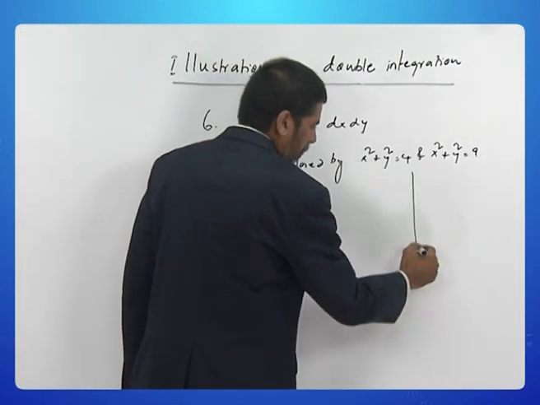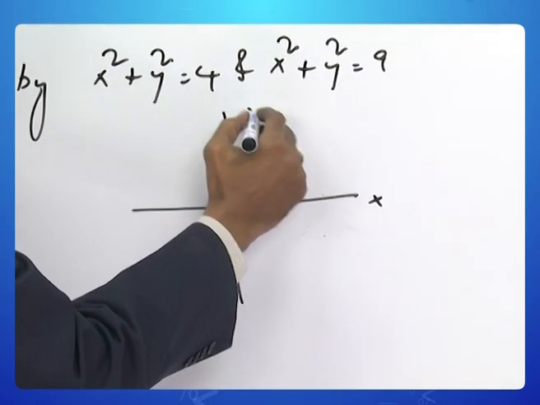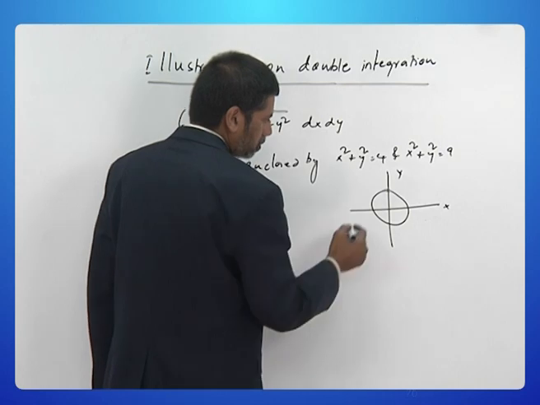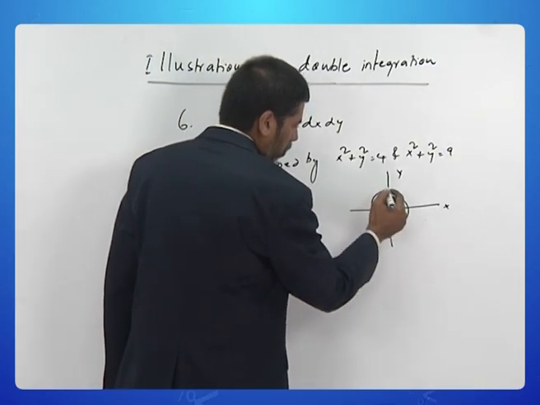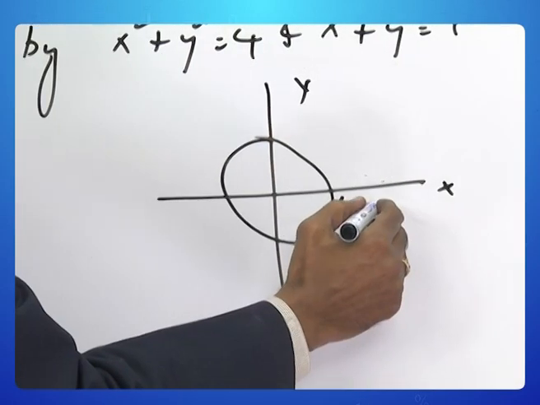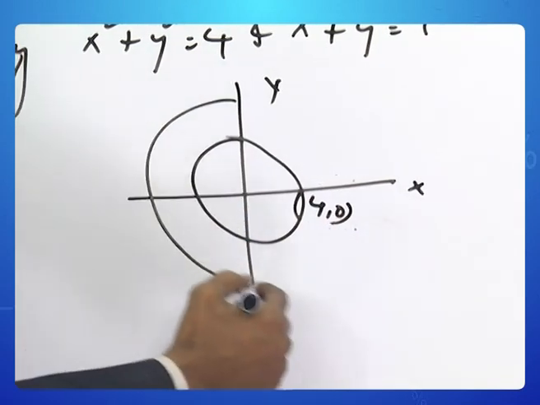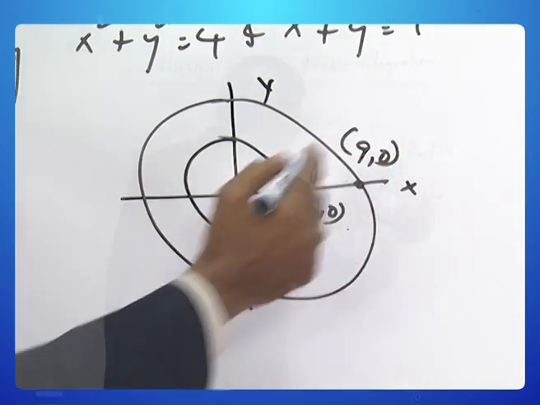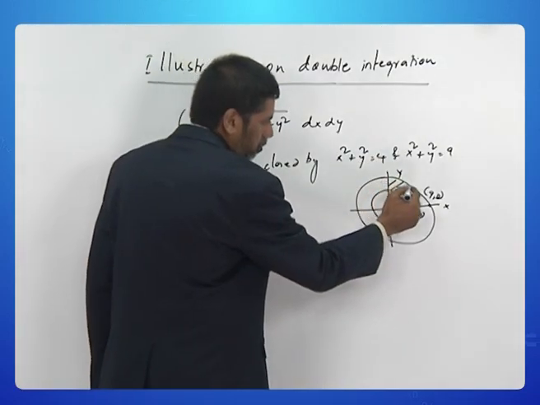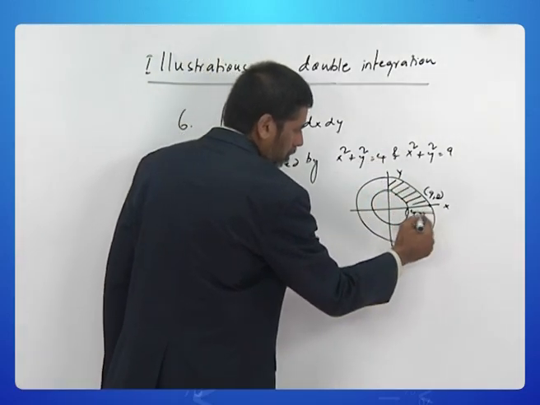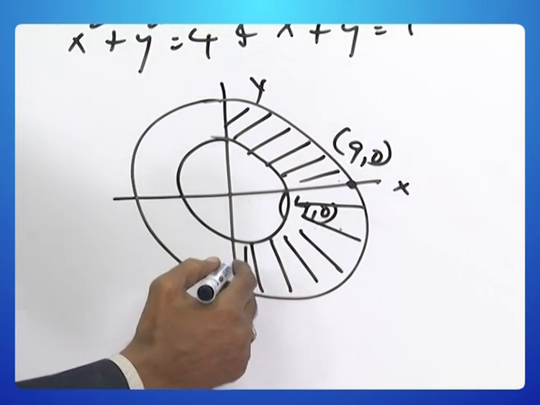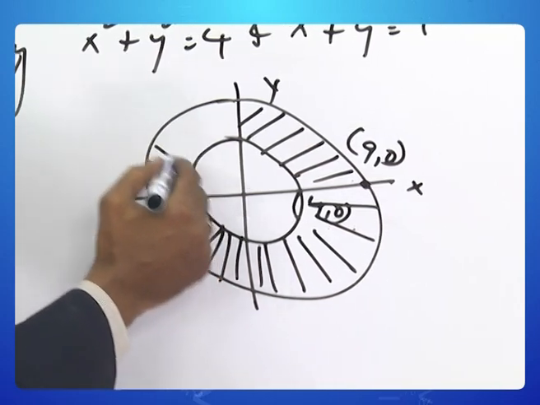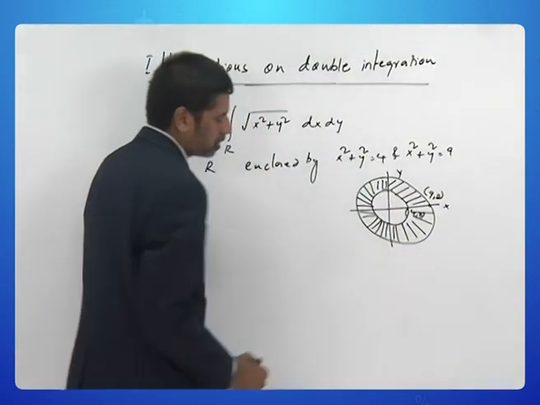So you can see that we have a smaller circle of radius 4 and a bigger circle of radius 9. So the region is that.